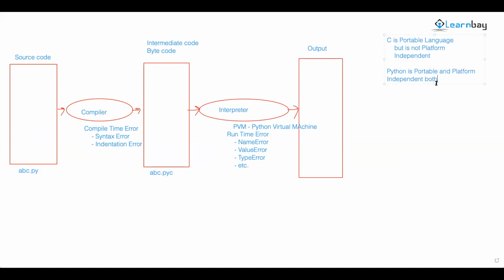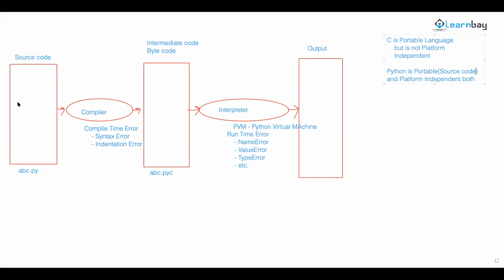So what do you mean by portable and platform independent? Remember, when you talk about portable, so if the source code can be moved from one platform to another, then we say that programming language is portable. It means the code which you have written here, Python source code, you can move from one platform to another, one system to another. Does not matter, it will execute everywhere.